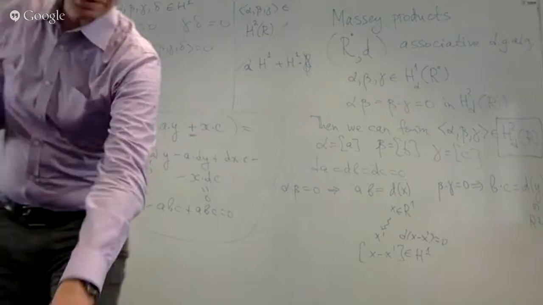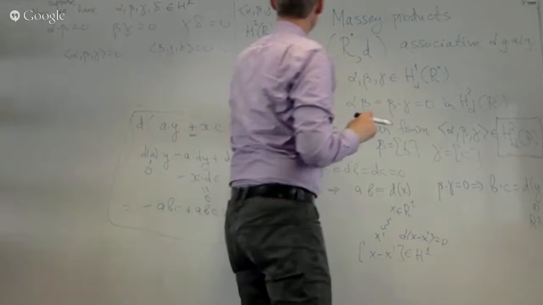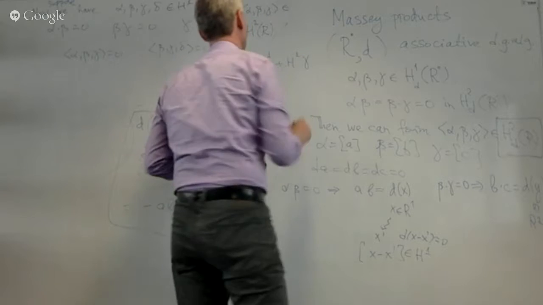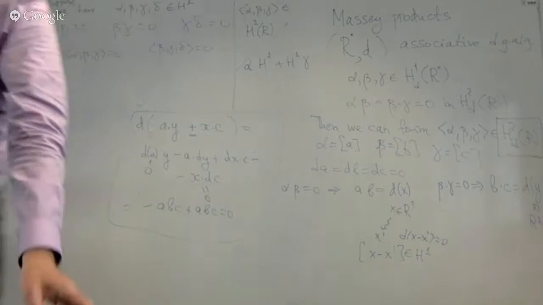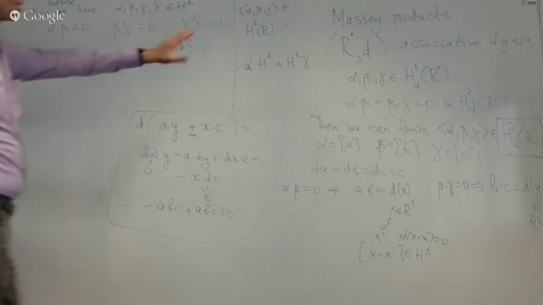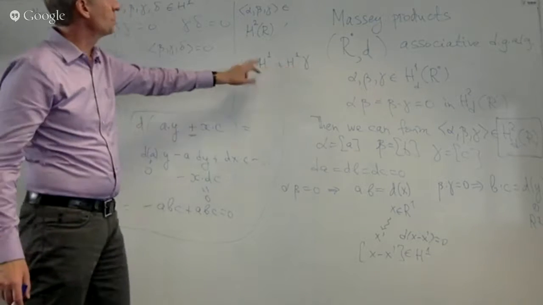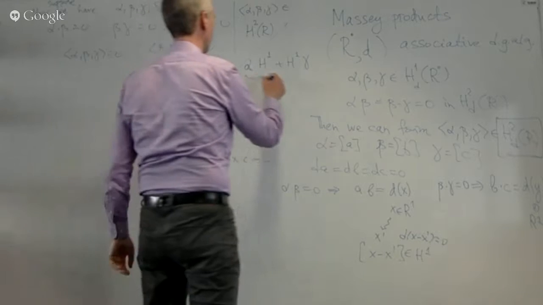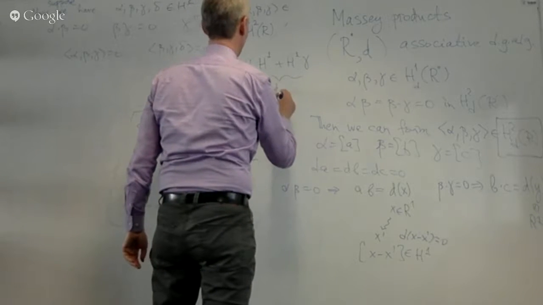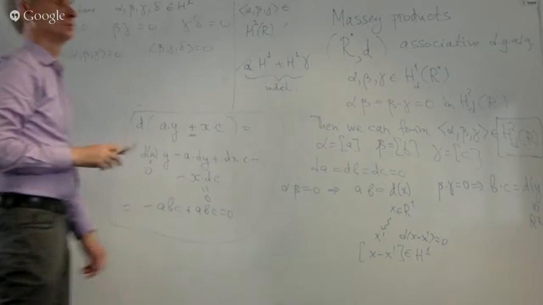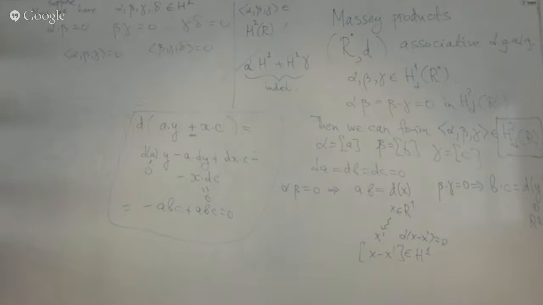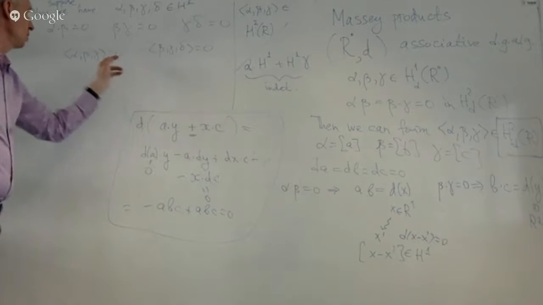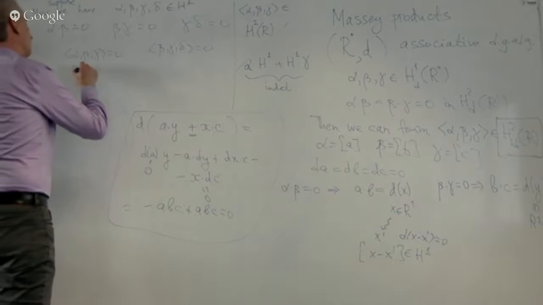So really, the final thing is the Massey product we have, with its indeterminacy. If it's commutative, it doesn't matter. The non-commutative case is like this. And this is the indeterminacy.